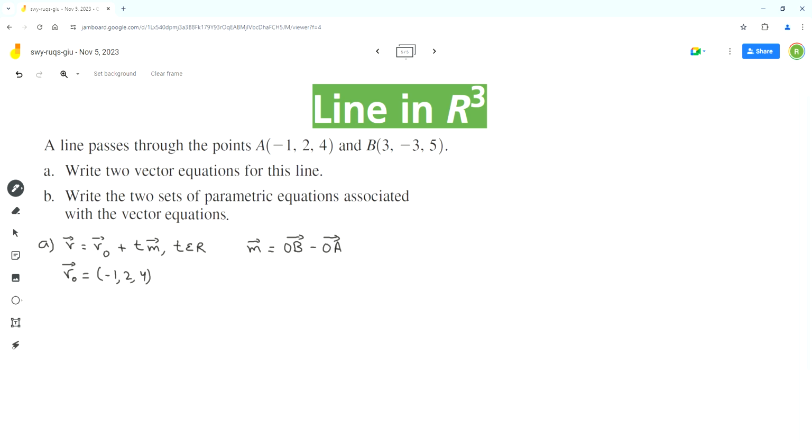Vector OB represents the position vector of point B and OA represents the position vector of point A. For vector OB, we can use the given point B. For vector OA, we can use the given point A.